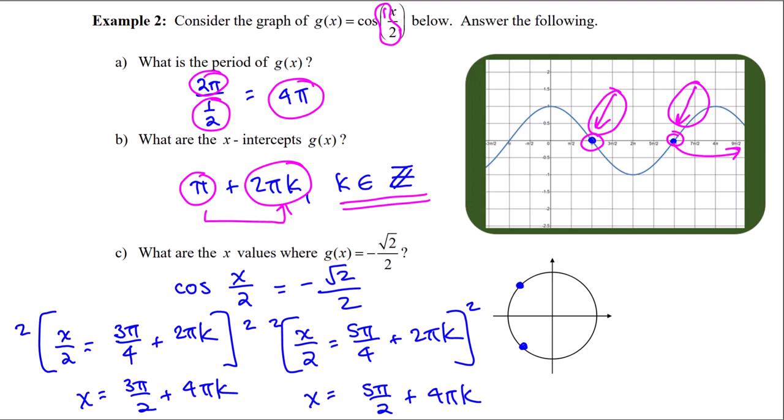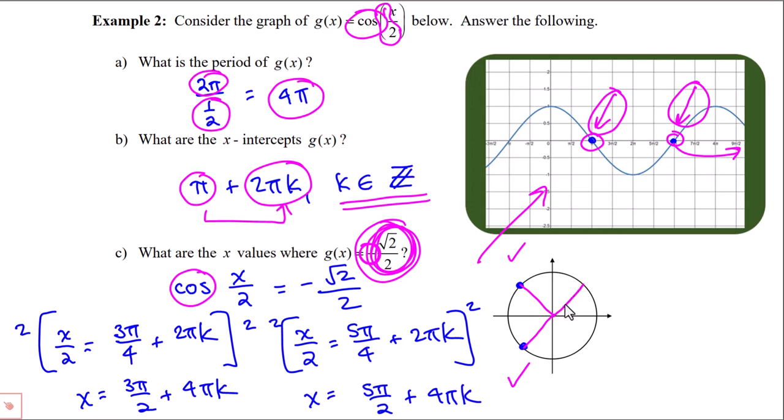Here's where I hope my method is easier for you to follow. To find root 2 over 2 on this graph is going to be rather difficult. But we know when cosine, which is the function we're using, is negative, I'm in the second and third quadrant. And if I have root 2, it's going to be our 45 degrees in the second and third quadrant.